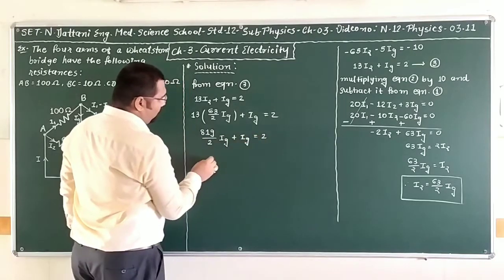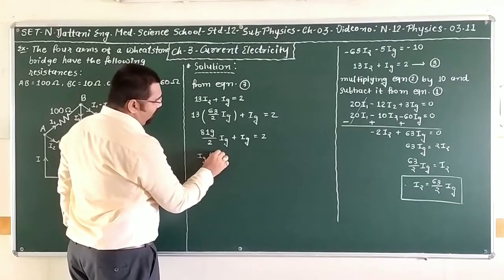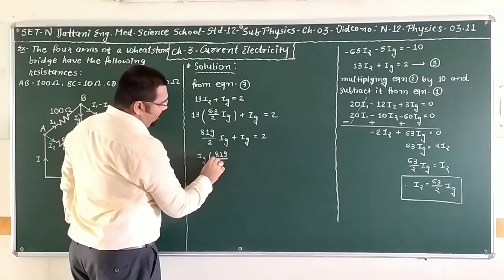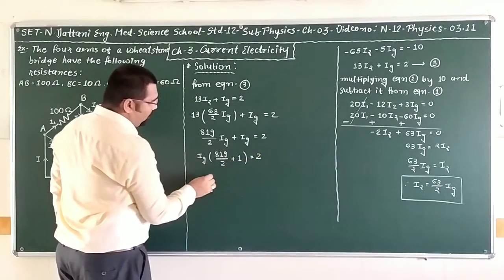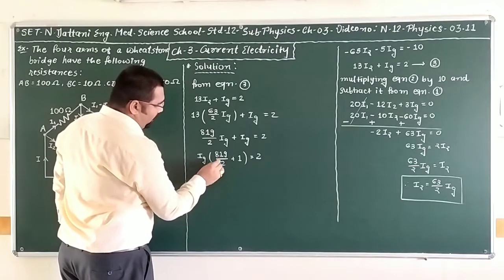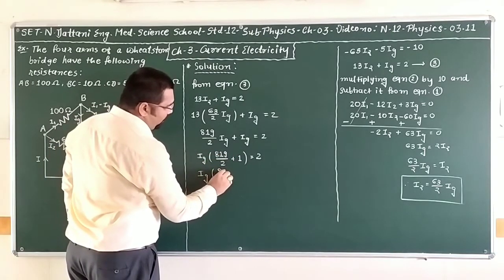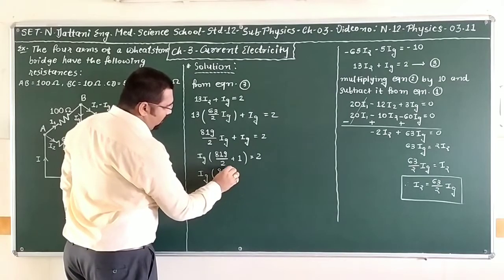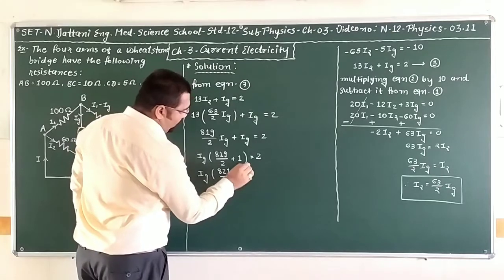So Ig will be common here, so we can write Ig times 819 plus 2, that is 821, upon 2 equal to 2.